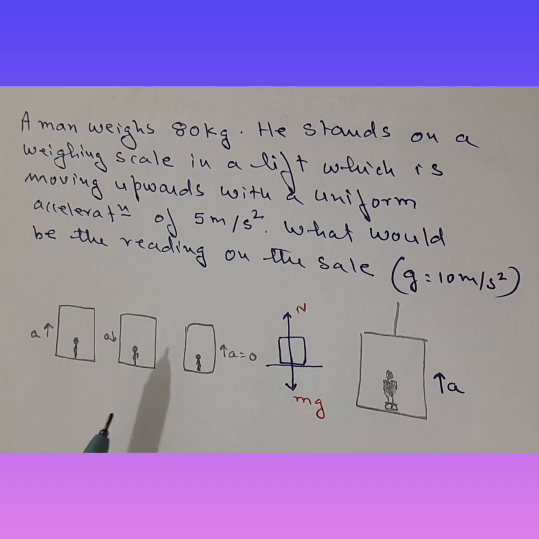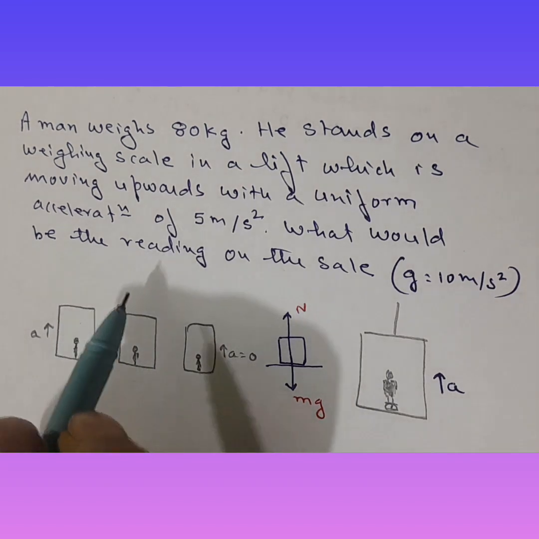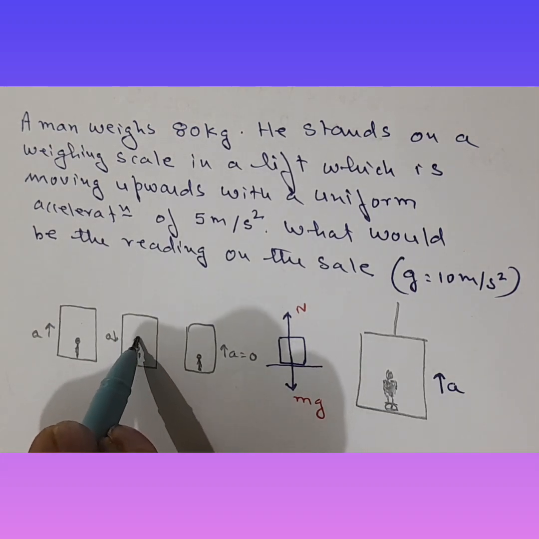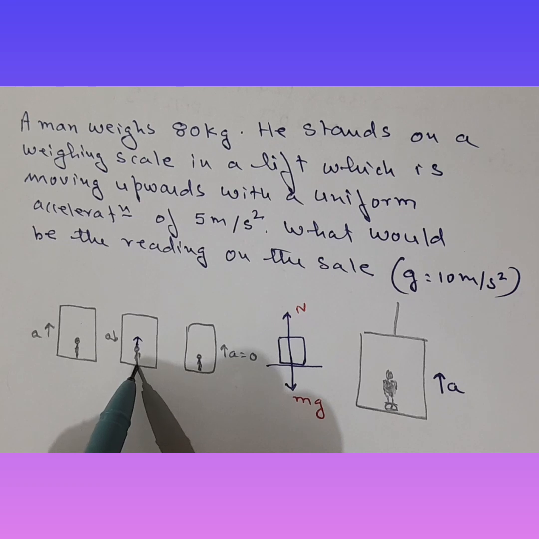Now, some basic questions. When we are in a lift, when do we feel light? When the lift moves down or when the lift moves up? Obviously, you feel lighter when the lift moves down. That itself means, when the lift is moving down, your normal is much smaller than mg.